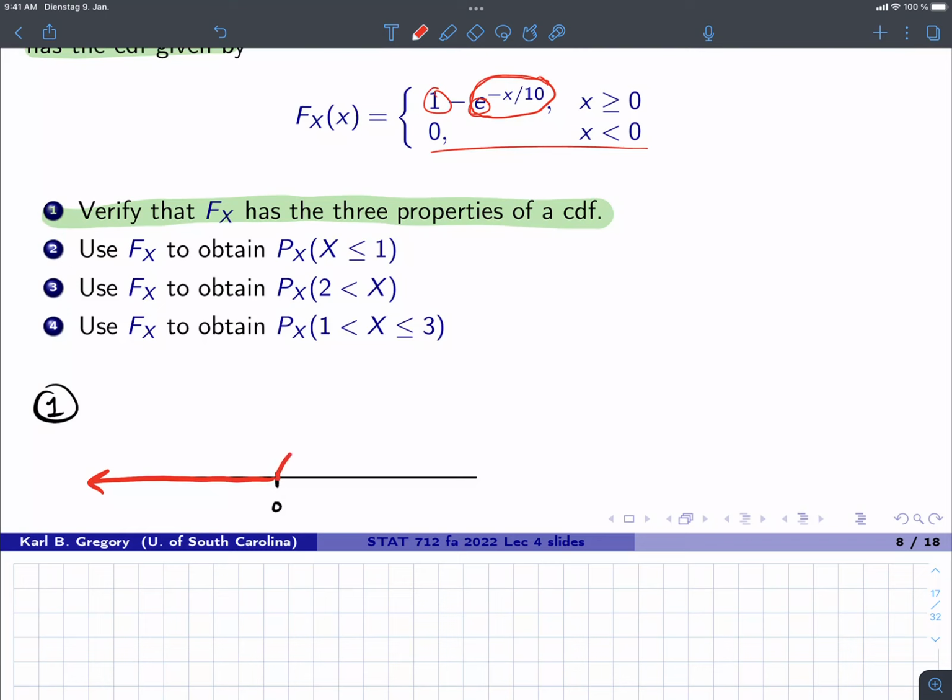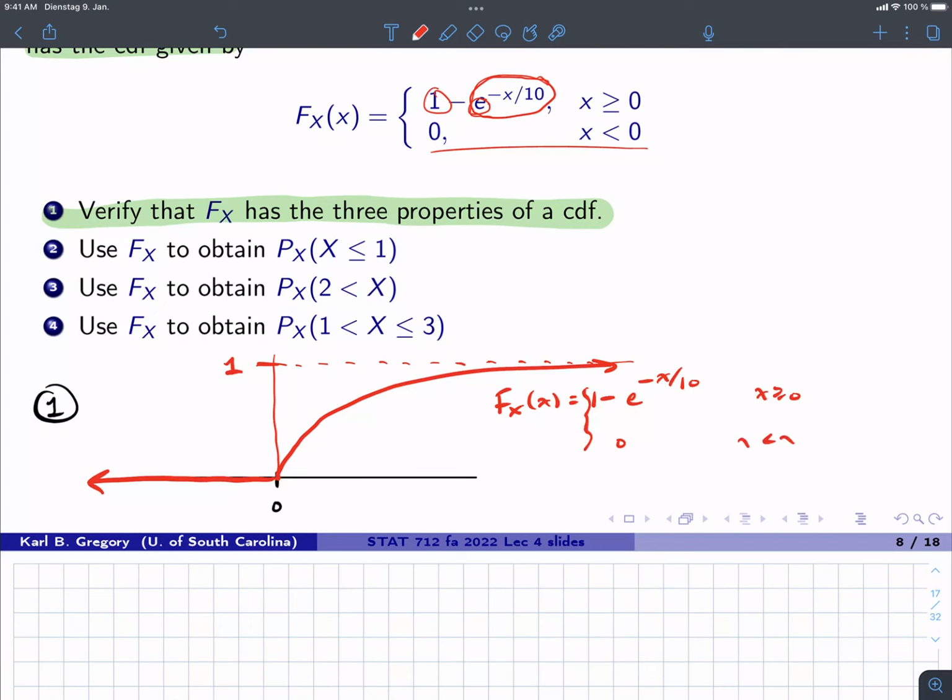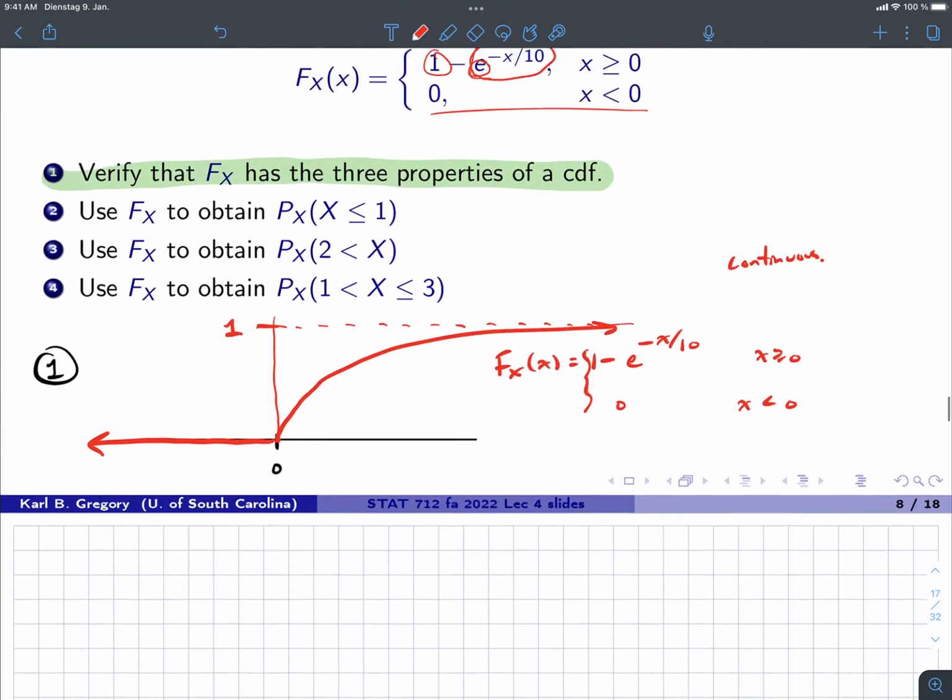So we find that it goes up like this, and it has an asymptote at 1. So here's the function 1 minus e to the minus x over 10 for x greater than 0, and 0 for x less than 0. It's continuous, so we have a continuous random variable.